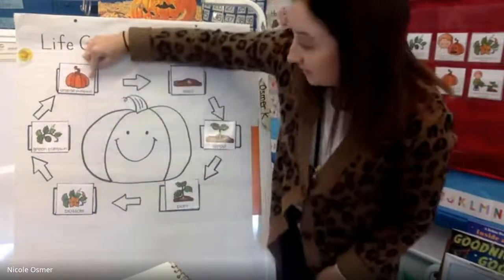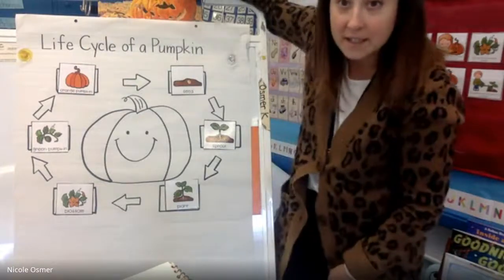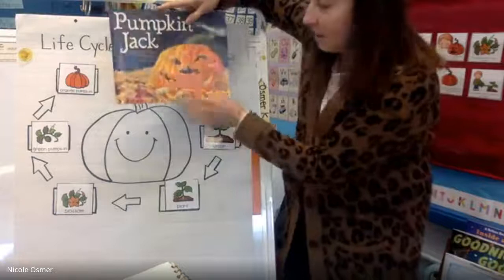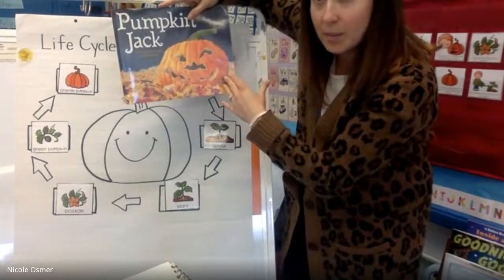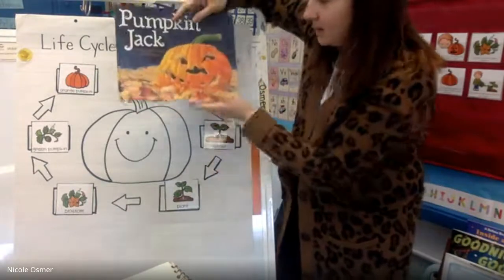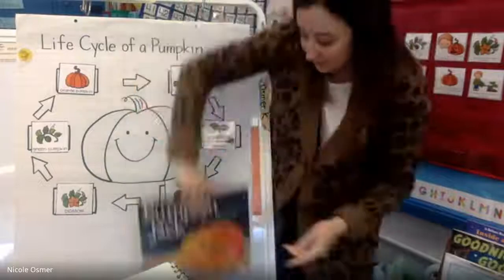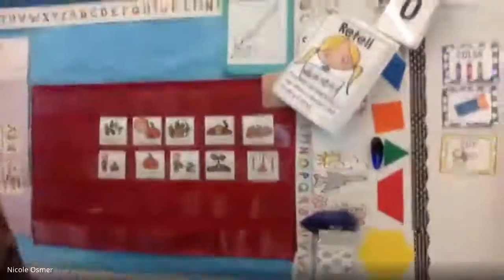Because when this pumpkin dies, and it did in Pumpkin Jack, here he is rotting in our story cover, all of the outside of his surface or pumpkin skin disintegrates into the ground, the stem too, the seeds are only what's left. So this is a good little lesson for you today about retelling Pumpkin Jack.